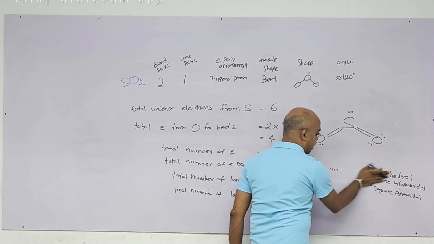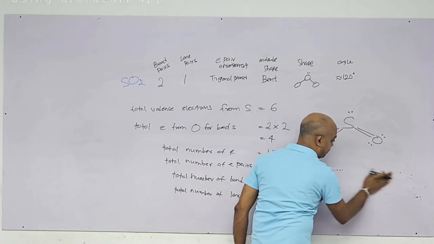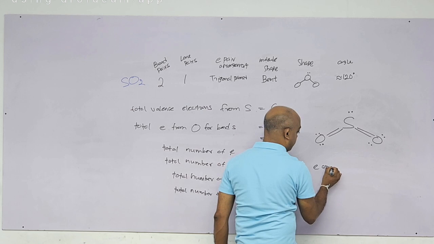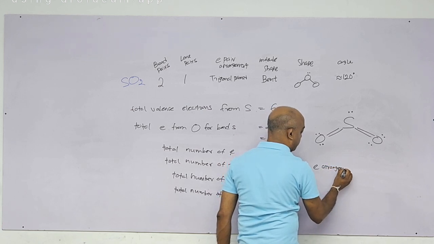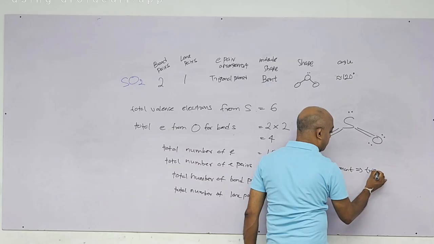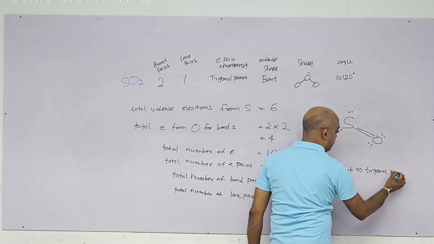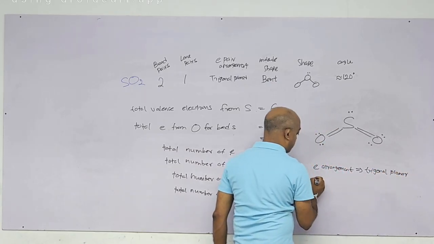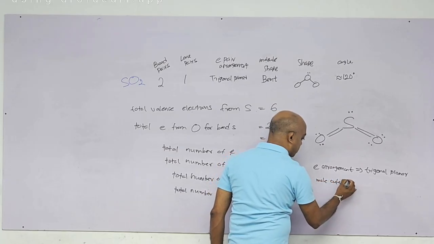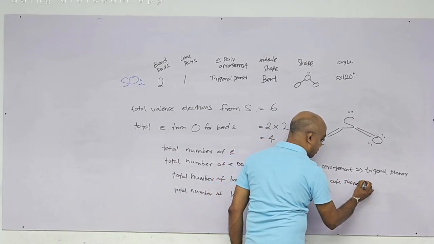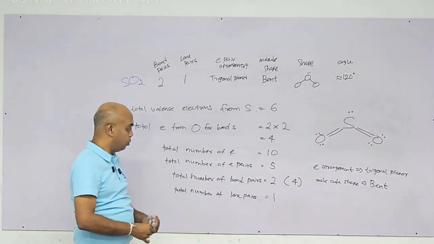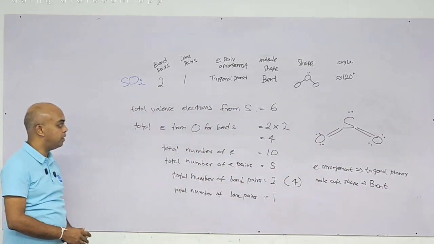So the electron arrangement is trigonal planar. Molecule shape is bent. 2 1 is bent, right?